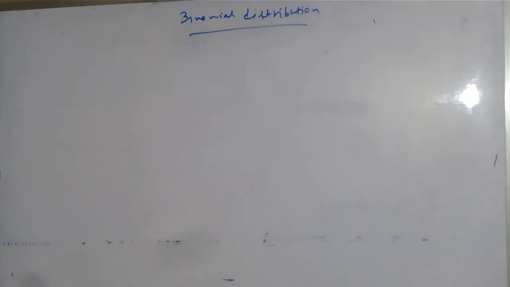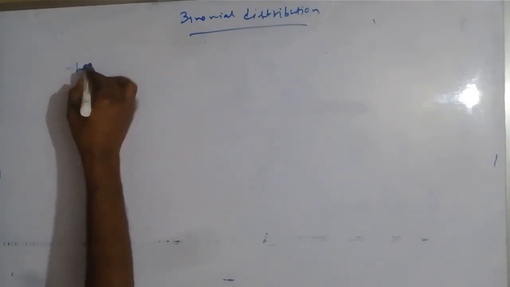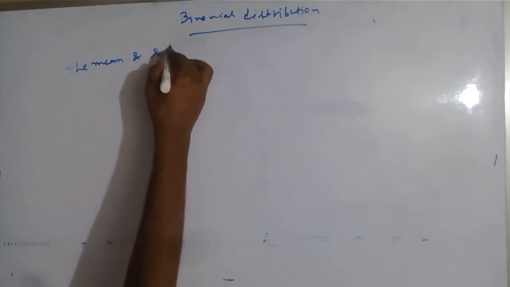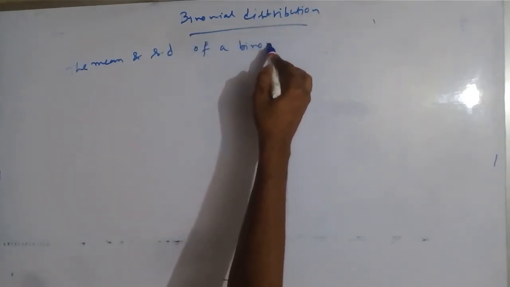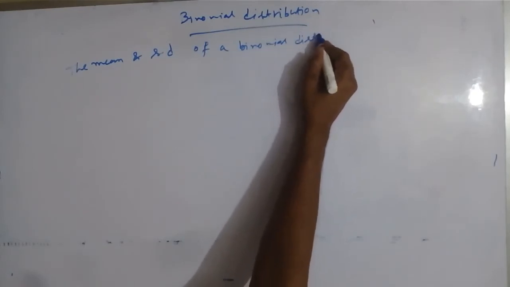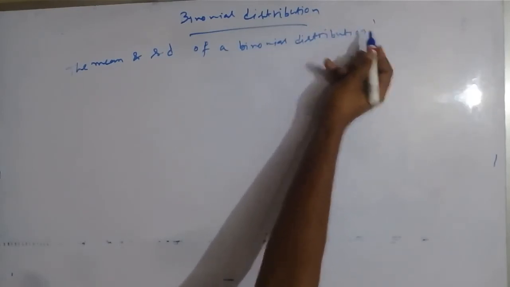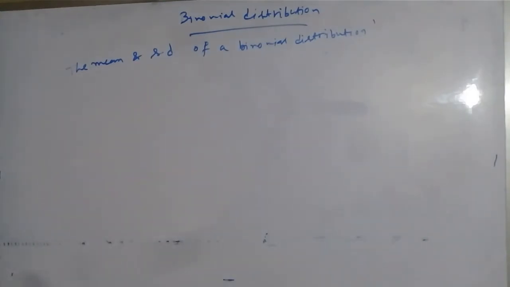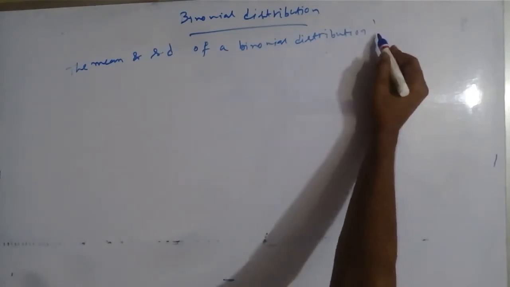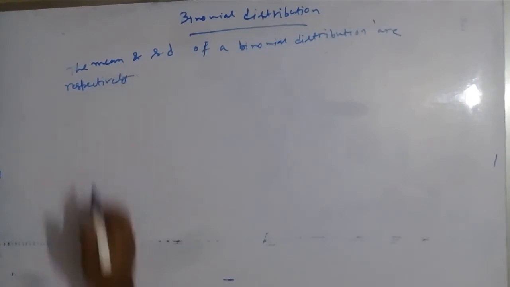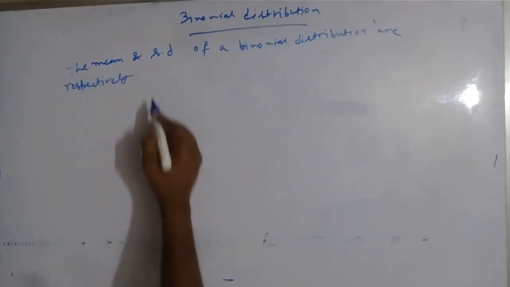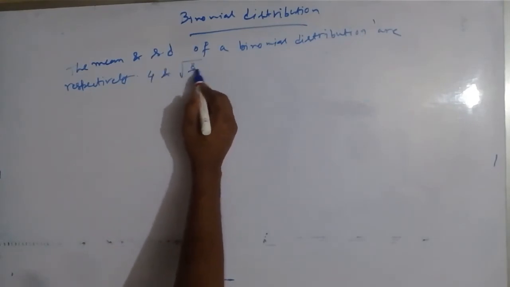So let us take a simple example first. The question is: the mean and standard deviation of a binomial distribution are respectively 4 and root over 8 by 3.